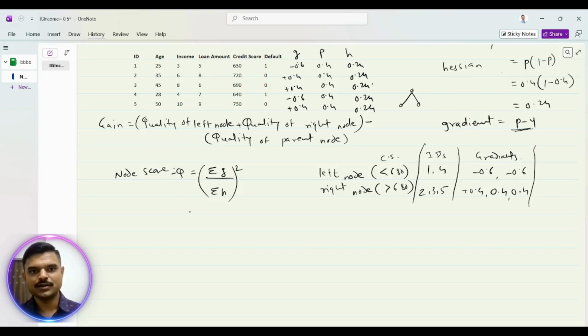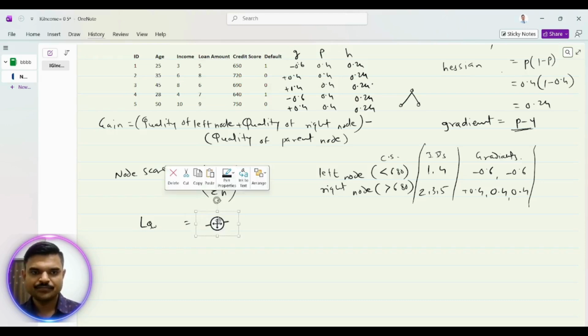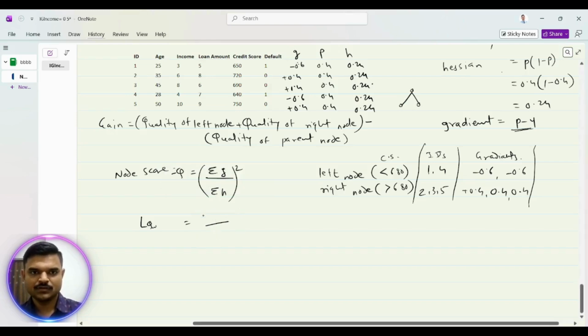Now here for the left node we are checking the quality, or you can say weight. Their sum is the summation of gradients.